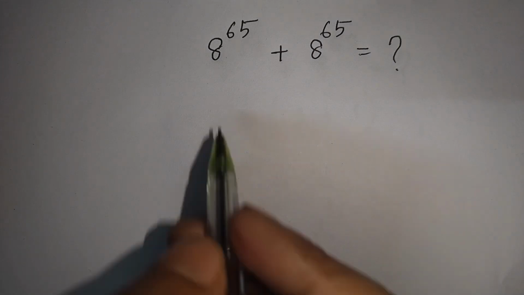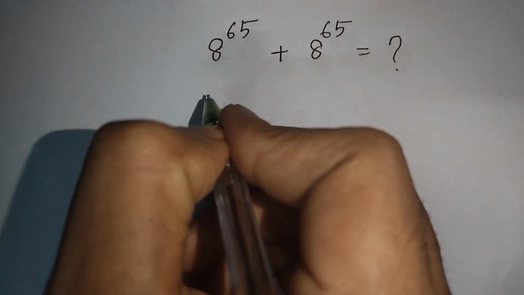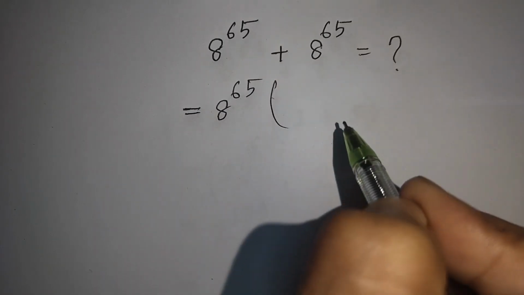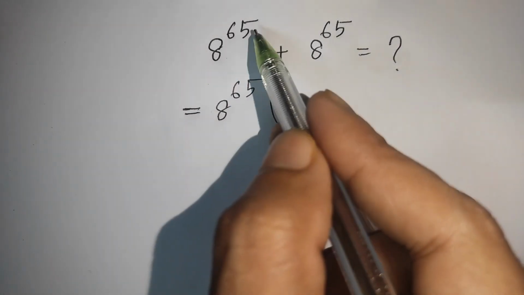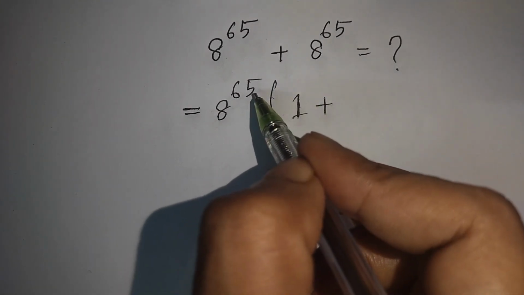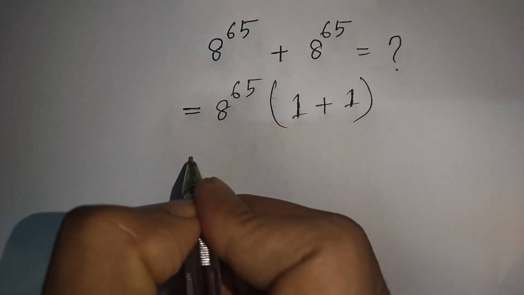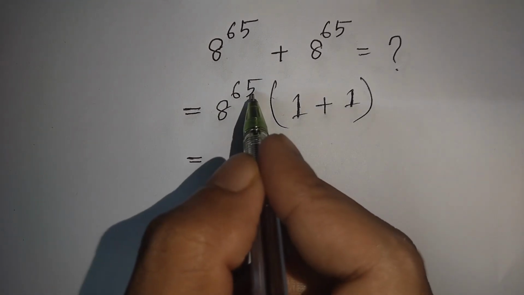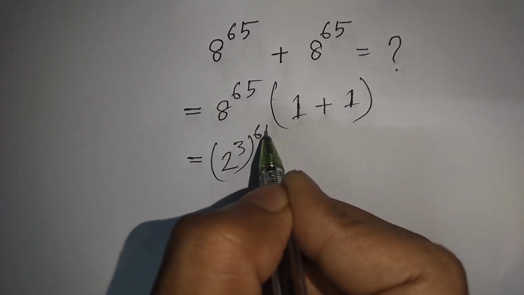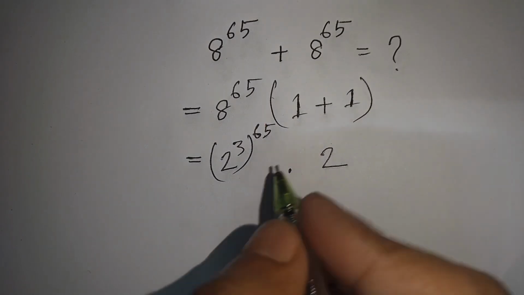How to simplify a to the power 65 plus a to the power 65 is equal to what? At first we take common a to the power 65. First bracket start, a to the power 65 divided by a to the power 65, that means 1, plus a to the power 65 divided by a to the power 65, that means 1. Then a to the power 65 is same as 2 to the power 3 bracket for 65 times 1 plus 1, that means 2.